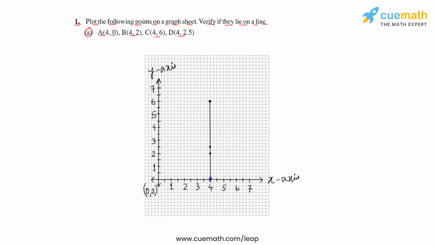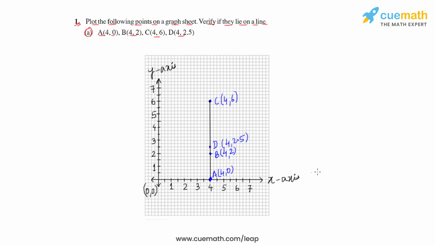this point represents A (4, 0). This point represents B (4, 2). This represents D (4, 2.5), and this represents the C point, that is (4, 6).